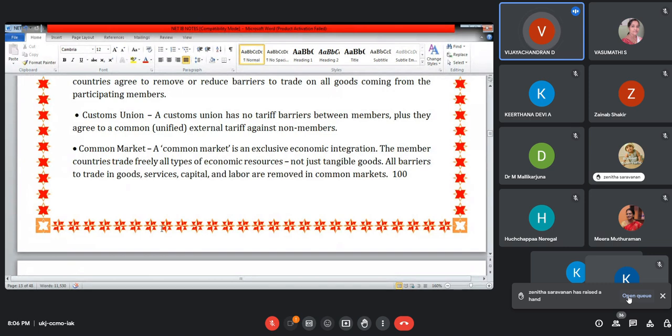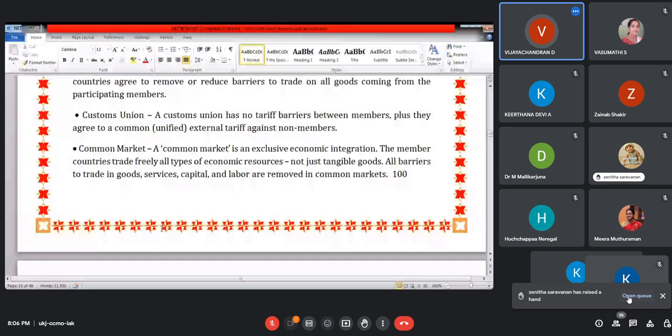That is customs union. Common market is an economic zone. Member countries, a group of countries, will freely trade all types of economic resources, not only the commodities but also the services, everything.